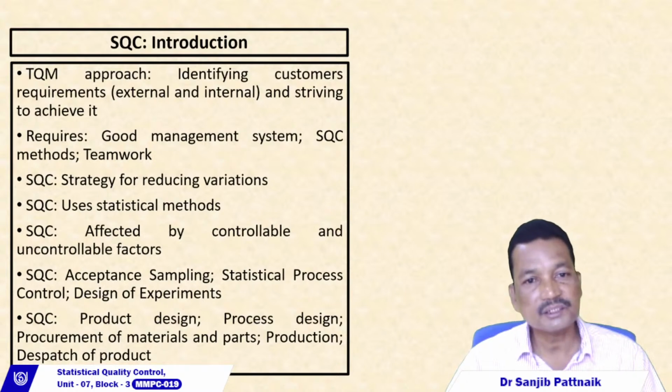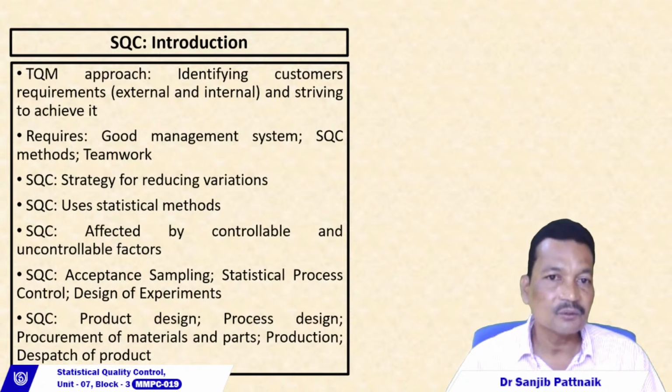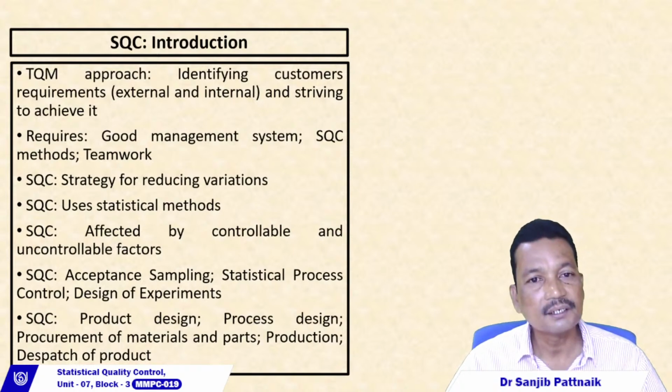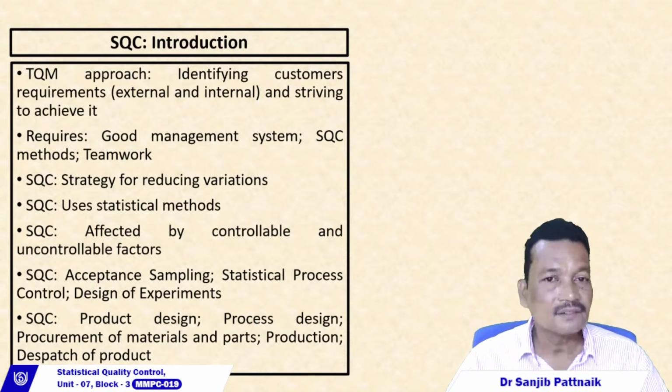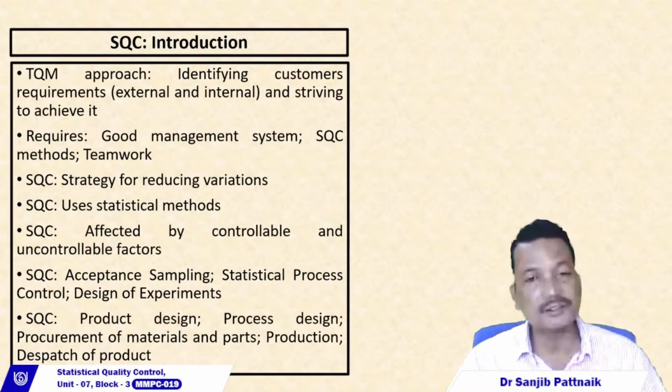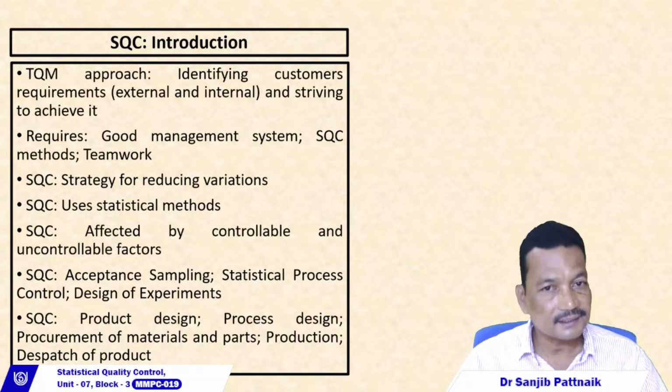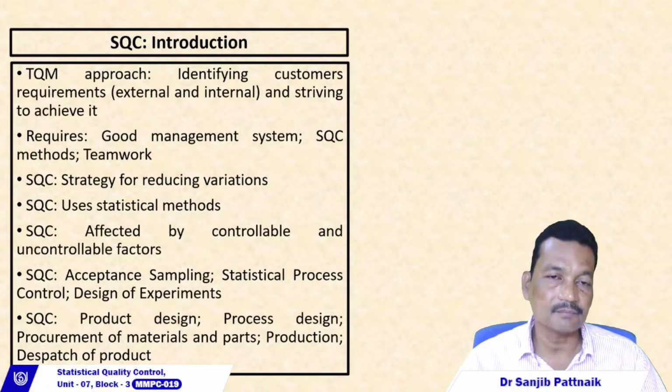So, the whole process of the organization can be divided into small segments which are interlinked. That means one process will become the input of the next subsequent process, whereby the subsequent process becomes the supplier to the next subsequent process. So think about a process which is getting its input from another process in the system.